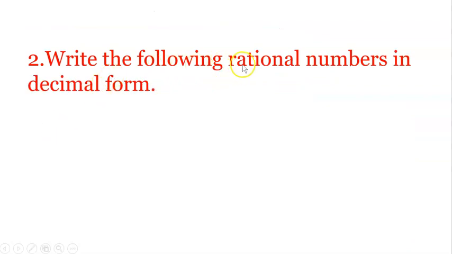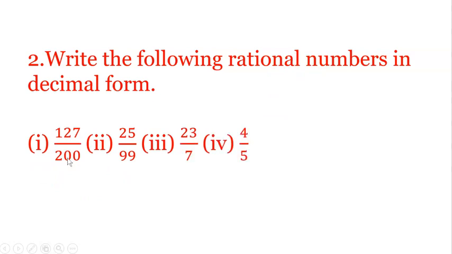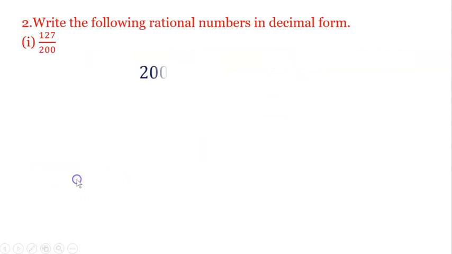Next, write the following rational numbers in decimal form. First is 127 upon 200. Now we'll divide 127 by 200.